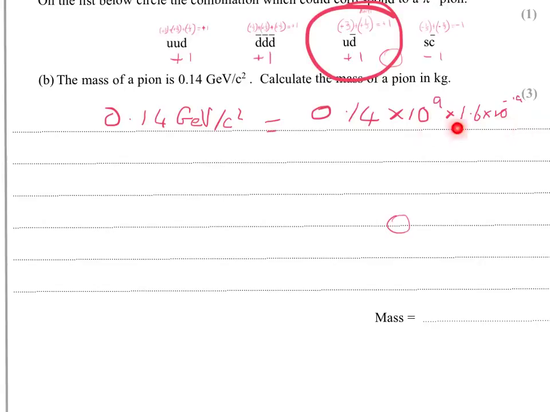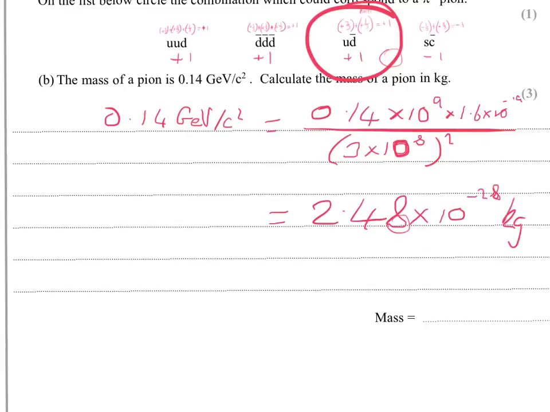That's going to give us 0.14 giga electron volts, only now in SI. And we're dividing that by c squared. So don't forget to square it. Easy mistake to make. And that gives us 2.48 times 10 to the minus 28 kilograms.